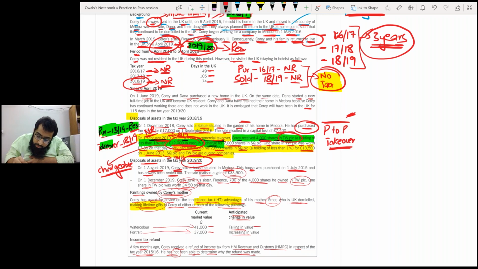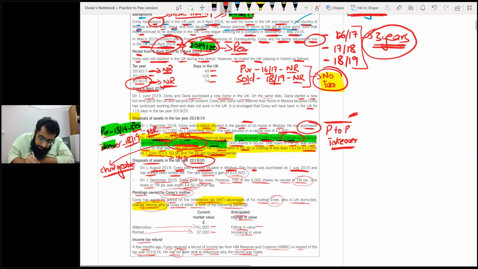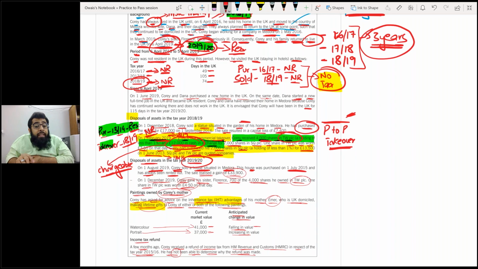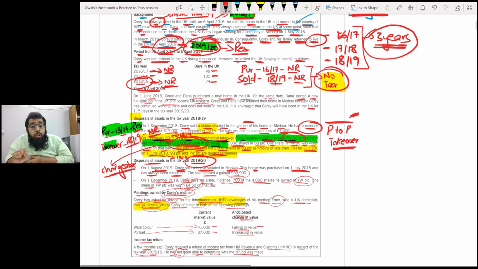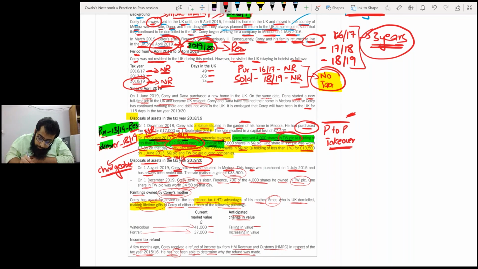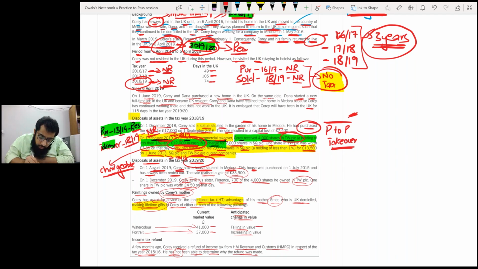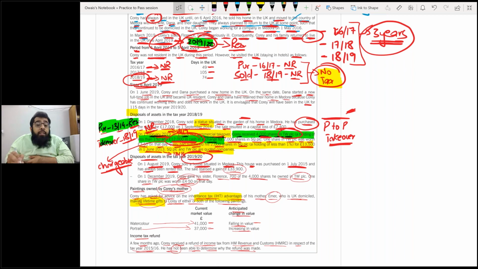On the same day, Dana started a new full-time job and became UK resident. The wife, the close family, became UK resident. Corey and Dana had retained their home in Medora because Corey had continued working there and does not work in UK. It is envisaged that Corey will have been in the UK for 115 days.